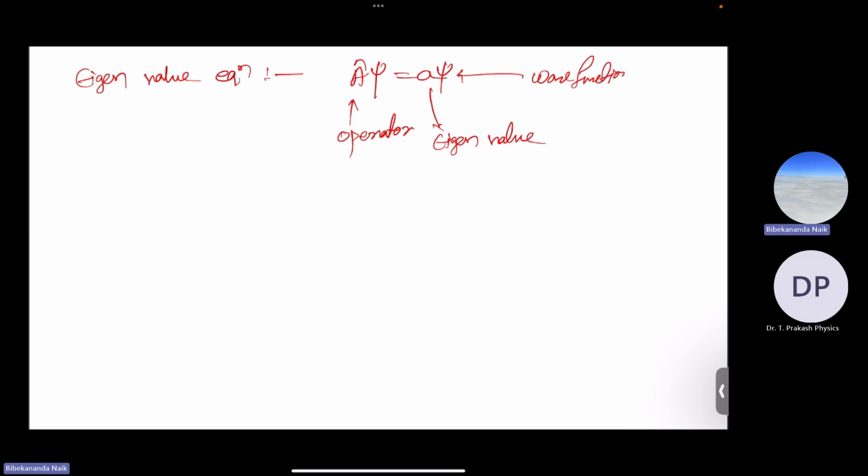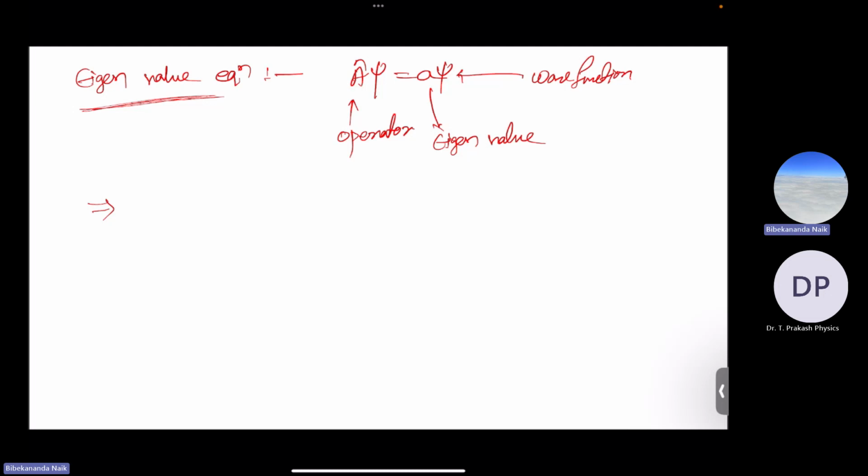So have you heard of Hermitian operator? Yes, sir. So if there is some question, then we'll definitely discuss that also. But basically, Hermitian operators are those operators which have real eigenvalues. So if you compare this eigenvalue equation, if this operator A is Hermitian, then this small a should be real.